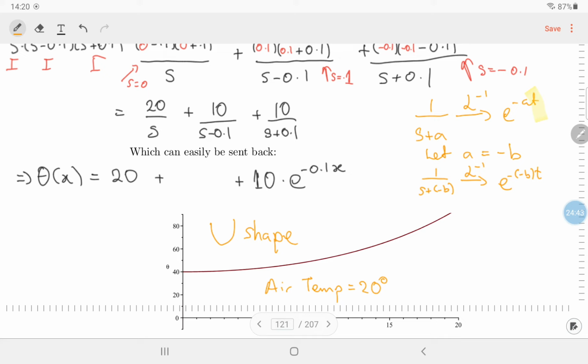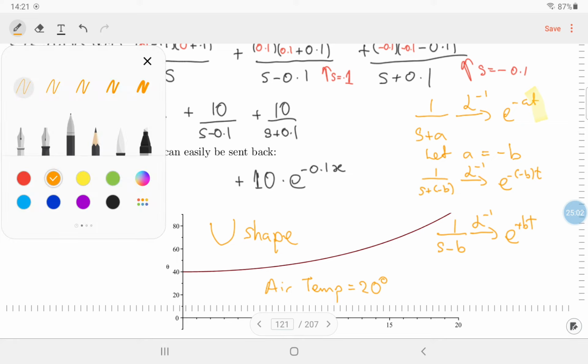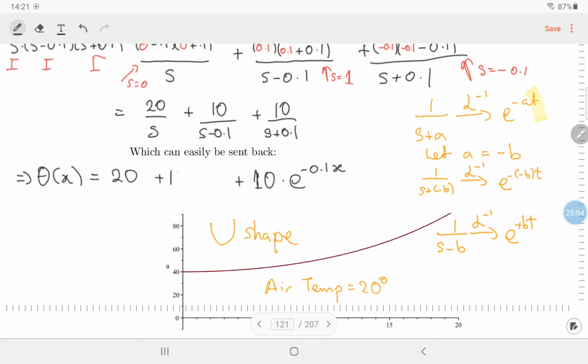And of course, what is s plus minus b? Well, that's just the definition of s minus b. And what's minus minus b? That's plus b. So if you have a 1 over s minus, it'll go to a positive exponential. So here we'll have 10 e to the plus 0.1, now not t here, but x.